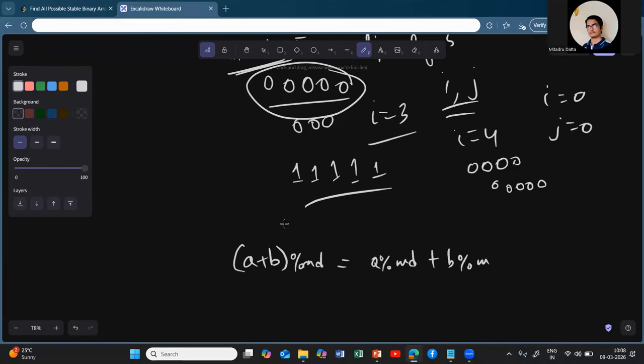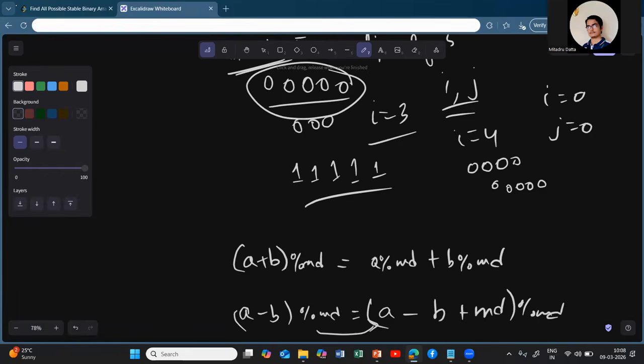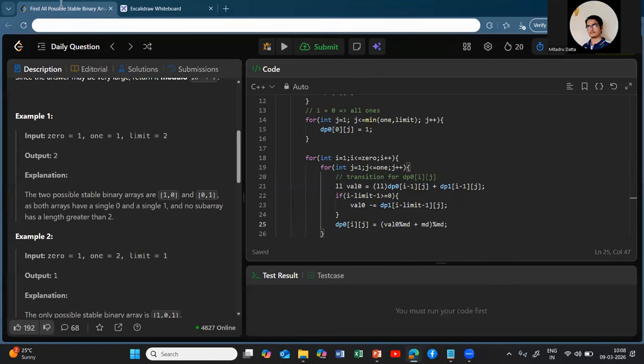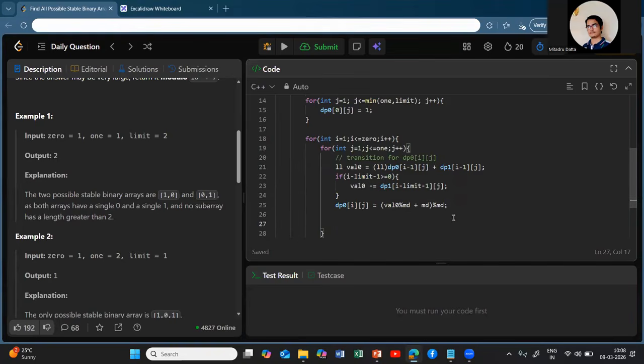But if you have something like a minus b whole modulo, that is nothing but a minus b plus mod, whole mod. You need to do it like this. This expands to this. So if you did not know this, you can search it on Google also. I hope it is simple only, not very difficult.